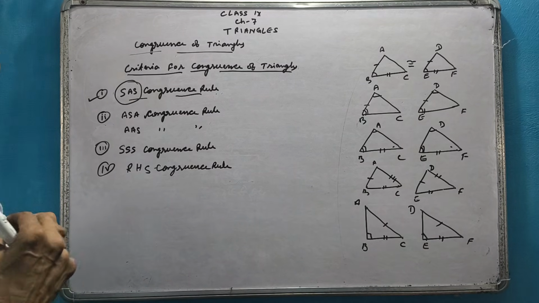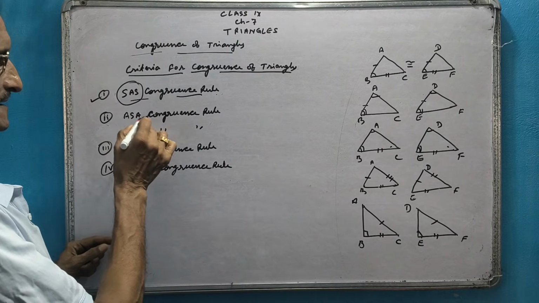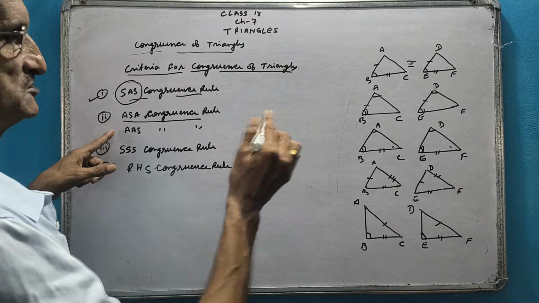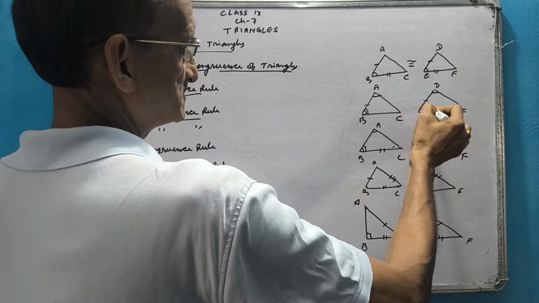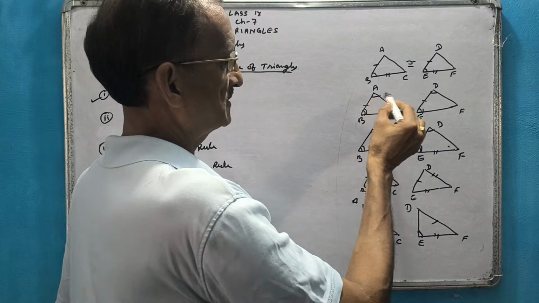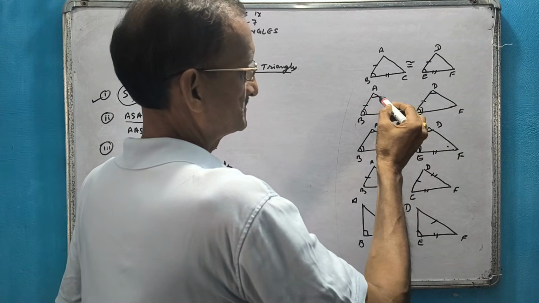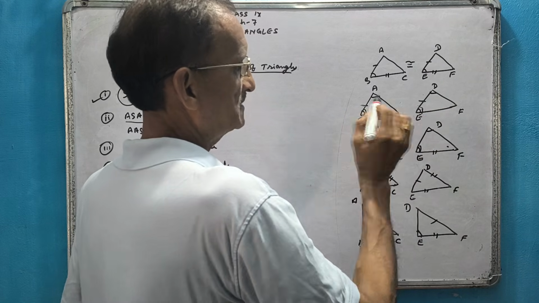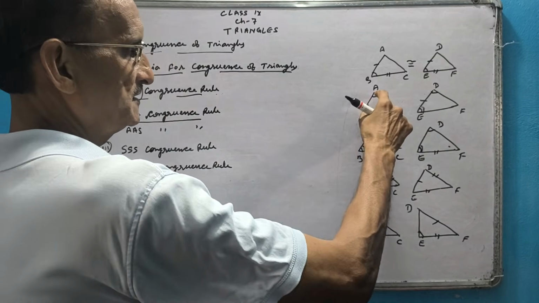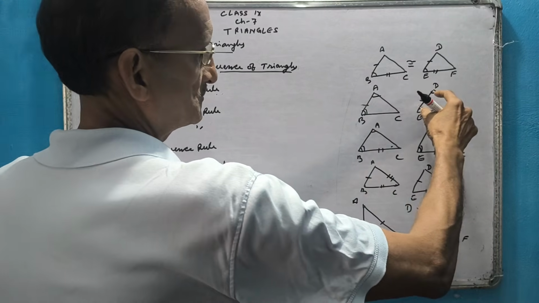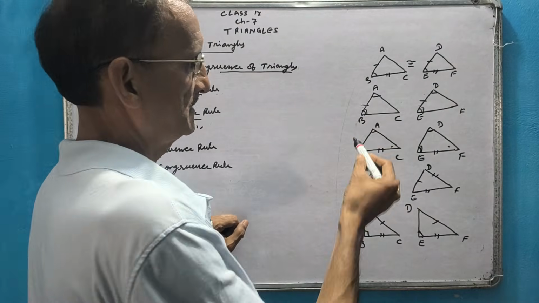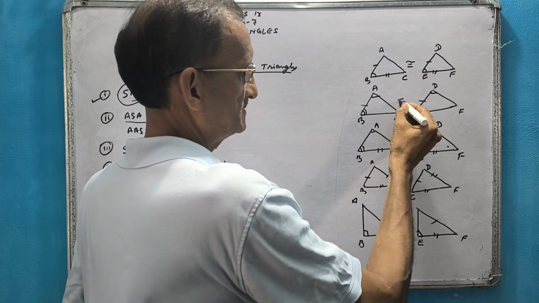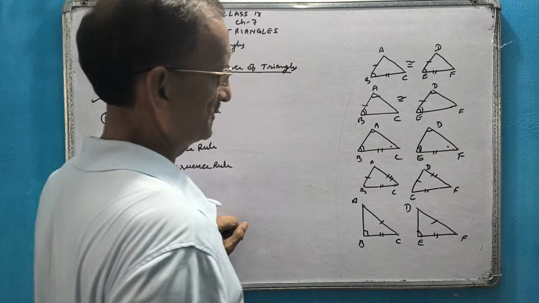The next is the angle side angle congruence rule. Two angles of one triangle are equal to two angles of another triangle, and the side included between these two angles are equal, then these two triangles are said to be congruent.